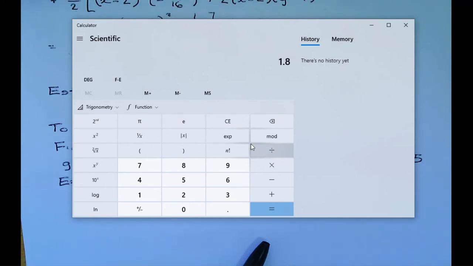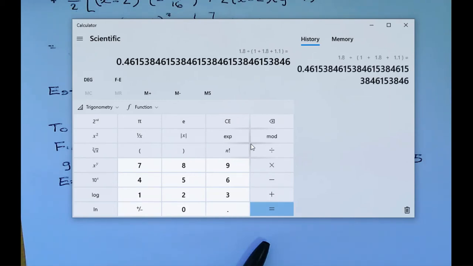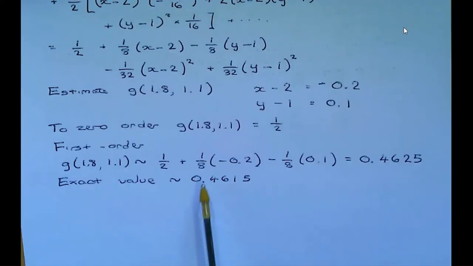So 1.8 divided by, remember the brackets, 1 plus 1.8 plus 1.1. 0.4615. So to 4 decimal places, we're out slightly in the 3rd decimal place.